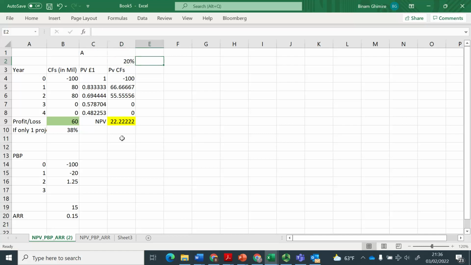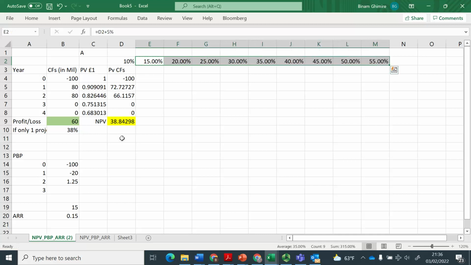What we will do now is find it for, let's say, 10%, and increase to, let's say, 5% steps, and then continue to increase that.